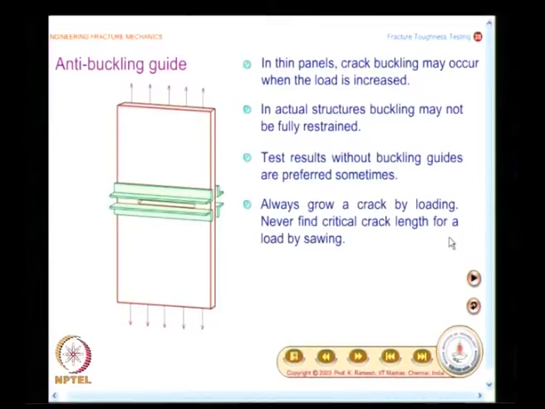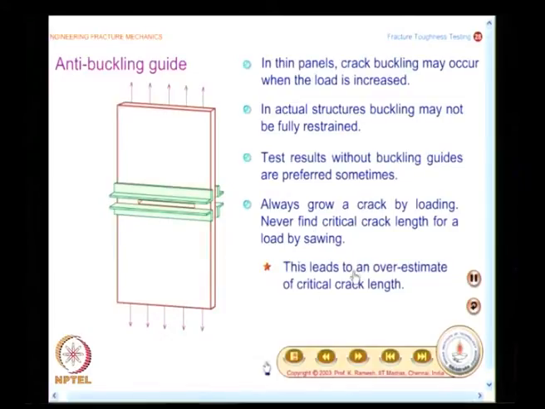So, what is recommended here is do not increase the length of the crack by sawing and then find the critical crack length, which is not a desirable practice. You should always grow a crack only by loading. If you do it that way, the result would be all right.